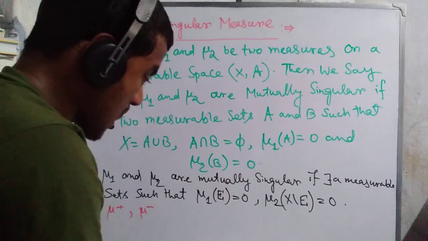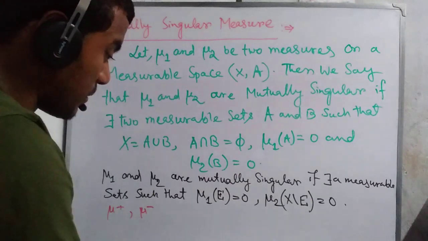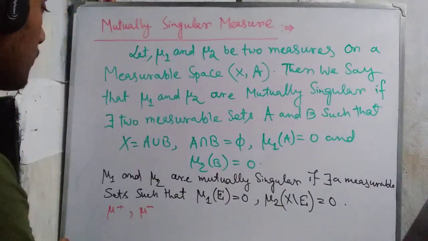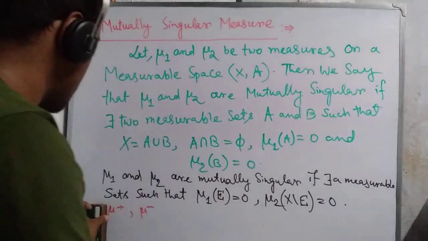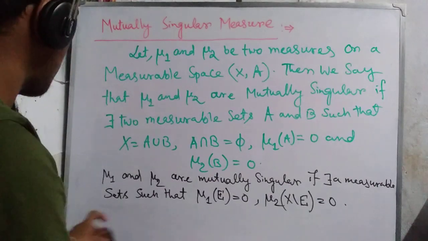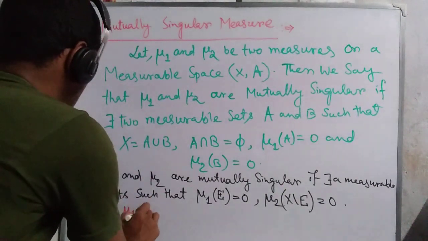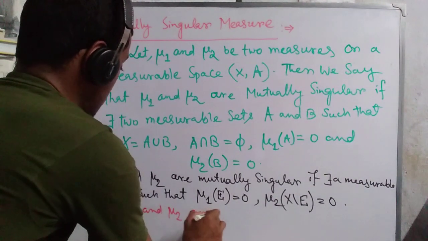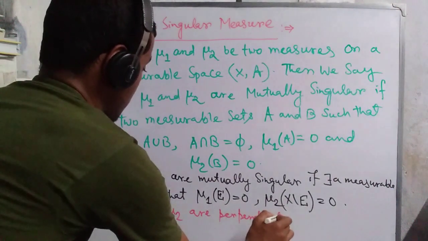If mu1 and mu2 are mutually singular, then mu1 and mu2 are perpendicular. We write it first, then we discuss it later.